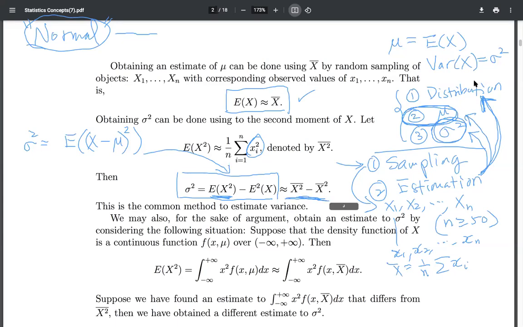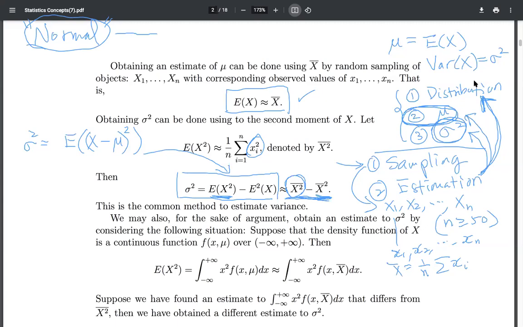Then you will say, oh, probably now this is a good estimate. But unfortunately, if these values are less than 1, if xi is between 0 and 1, this term is always smaller than that one. It may not always be smaller, but it may be.